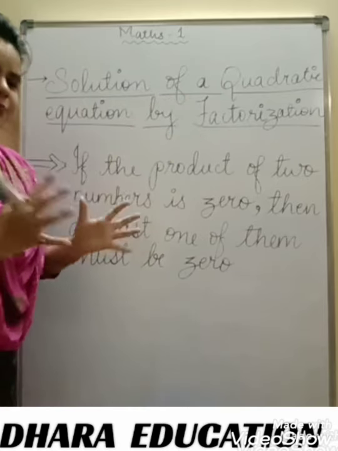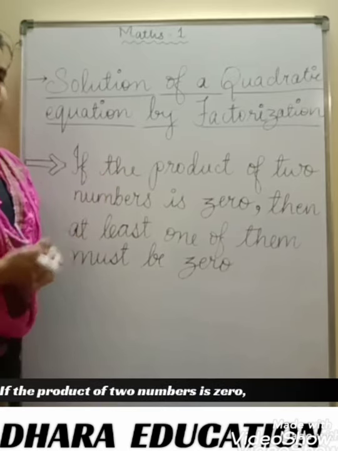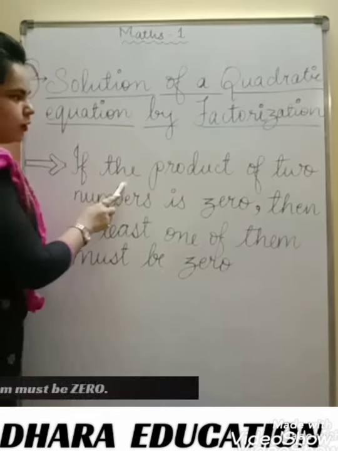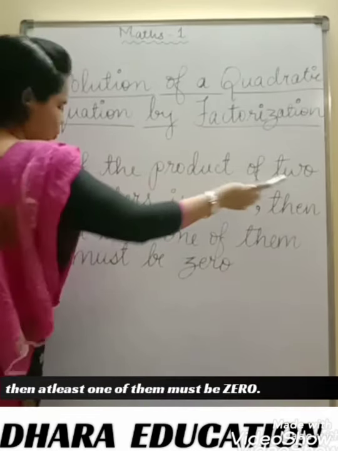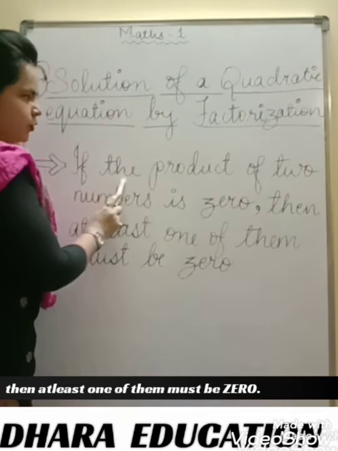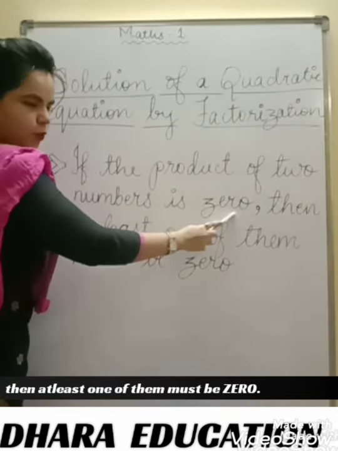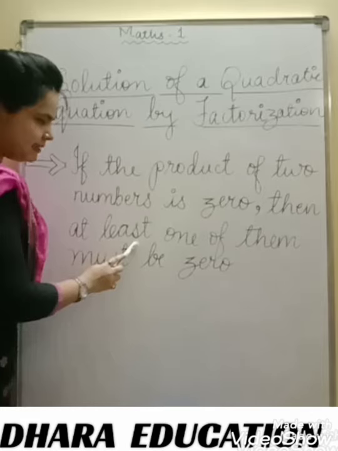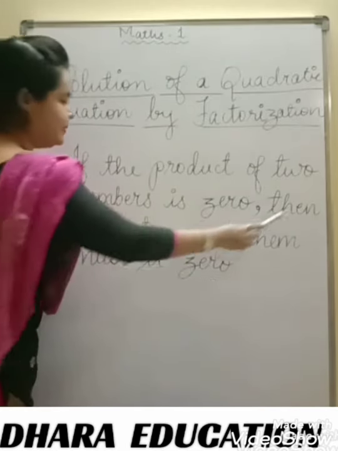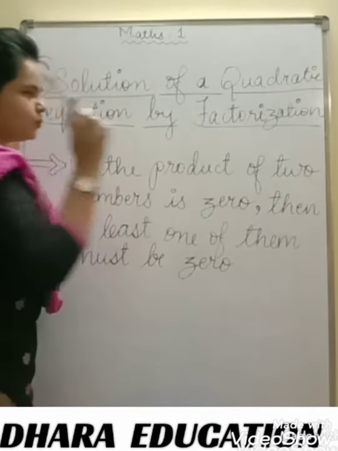The very important rule in the factorization method is, if the product of two numbers is 0, then at least one of them must be 0.